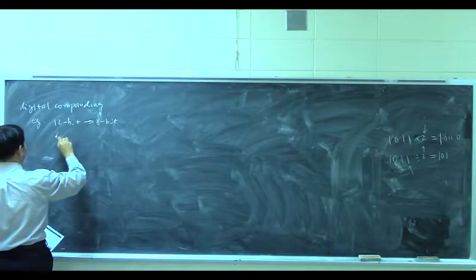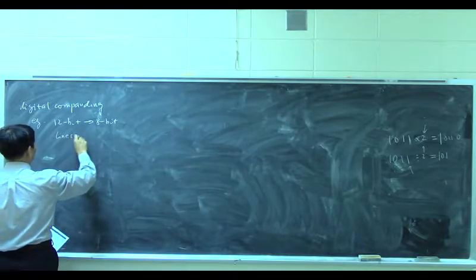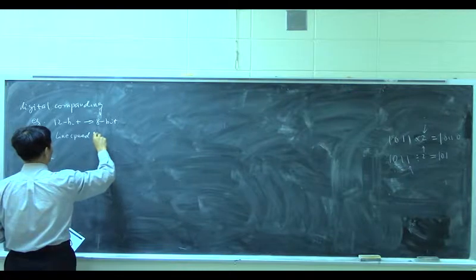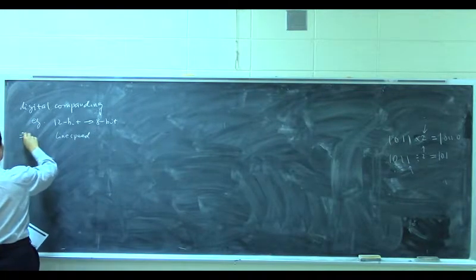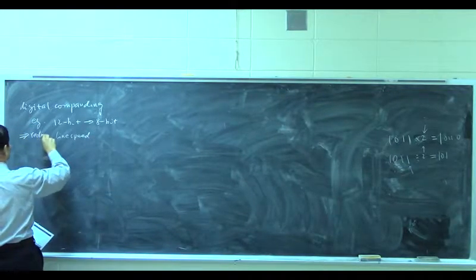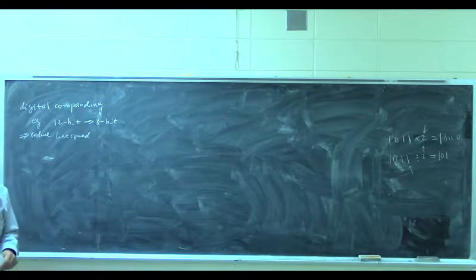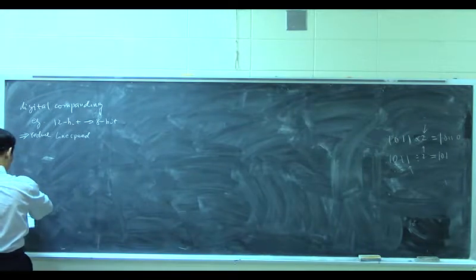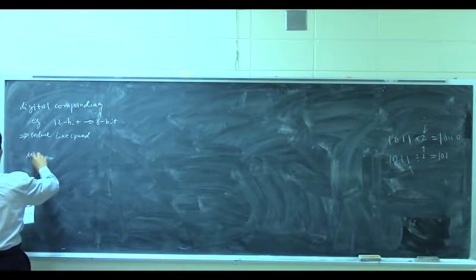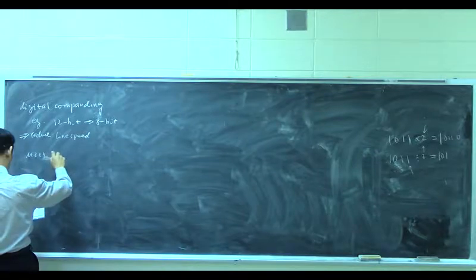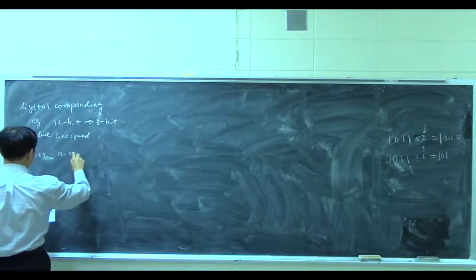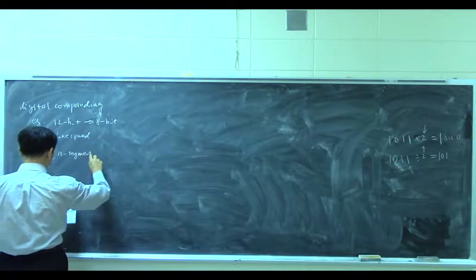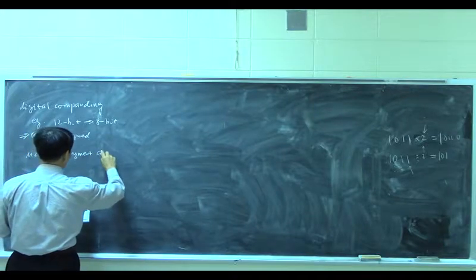It will reduce the line speed. One example is called mu 255, 13 segment compression.